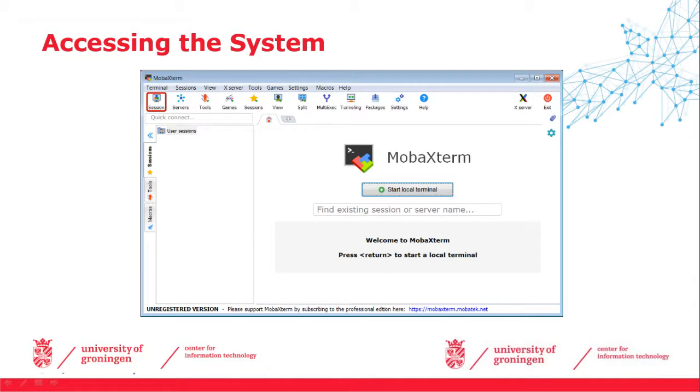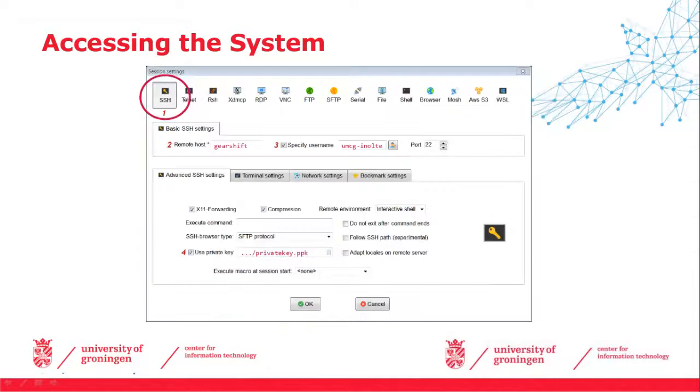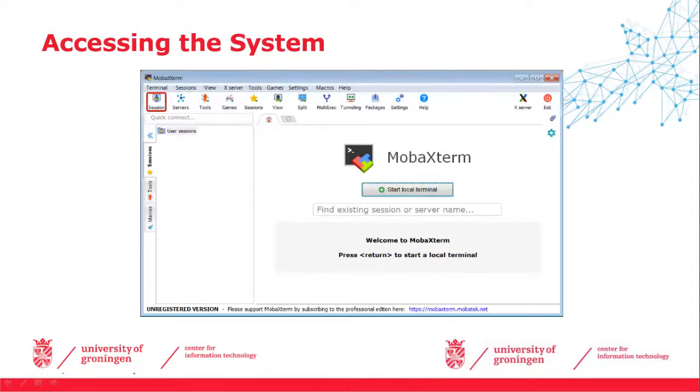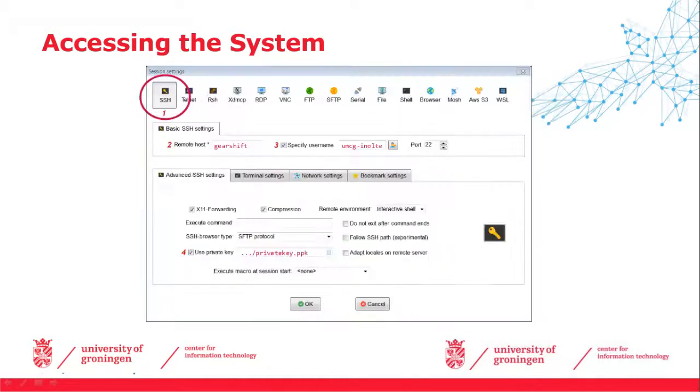So when you use it for the first time, you have to do some initial setup. That looks like this. You have to press this session button first here, because you want to start a new session. Then you get this screen, and you can choose different kinds of protocols. But in this case, we want to use SSH.